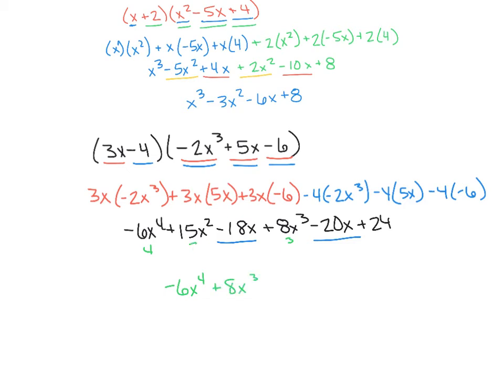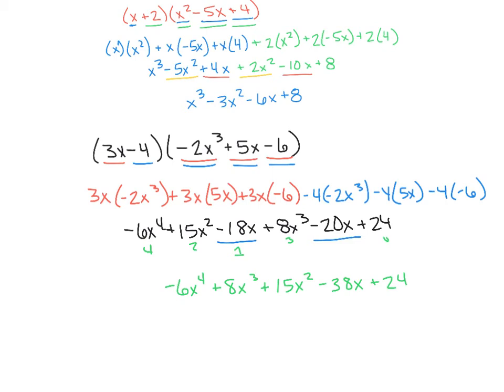A second degree, so plus 15x squared. Our common terms have a degree of 1, so they come next: negative 18 minus 20 is negative 38x. And then this has a 0 degree, so it goes last. Make sure we got the right answer. That was a long answer.